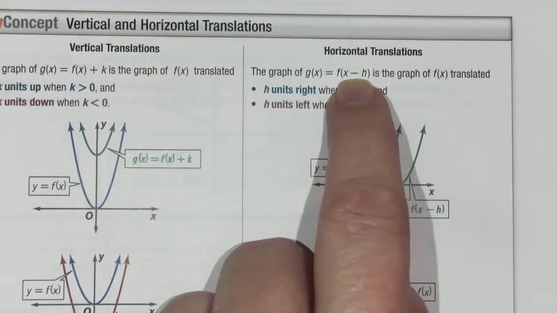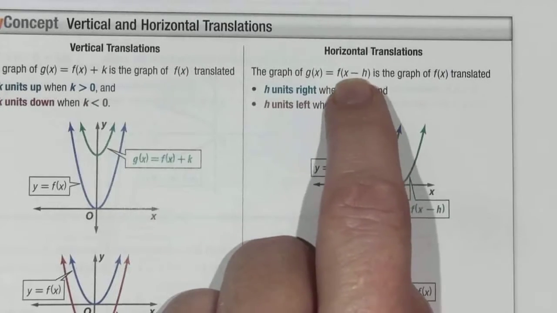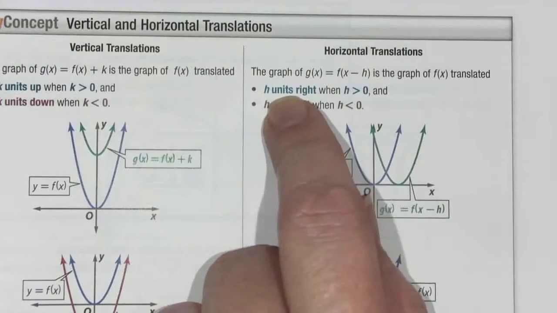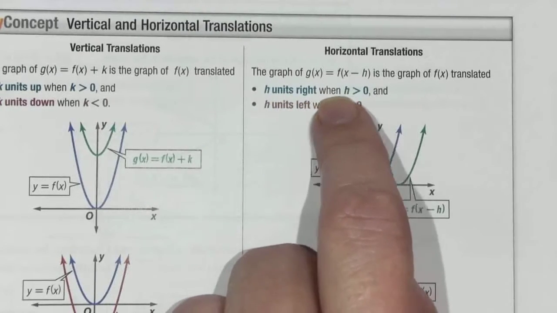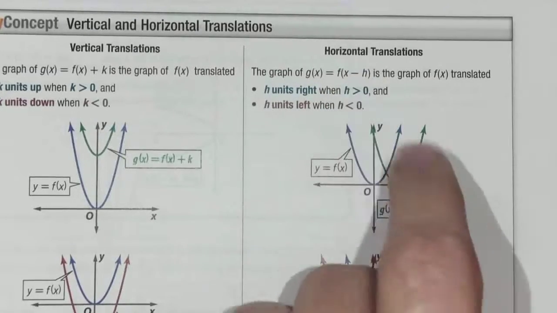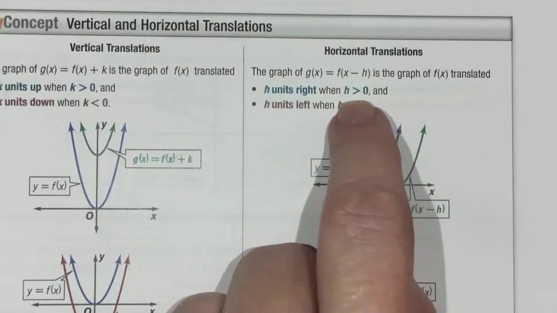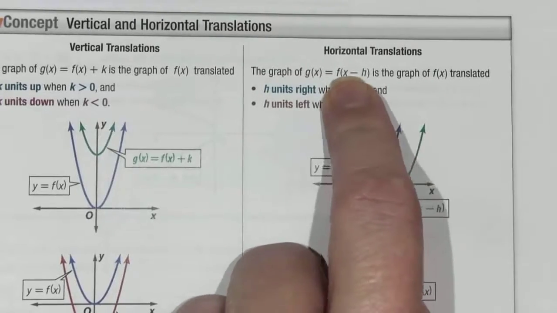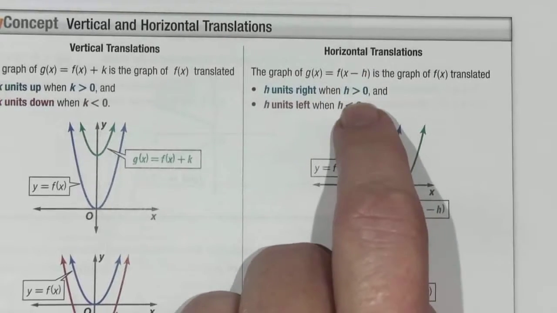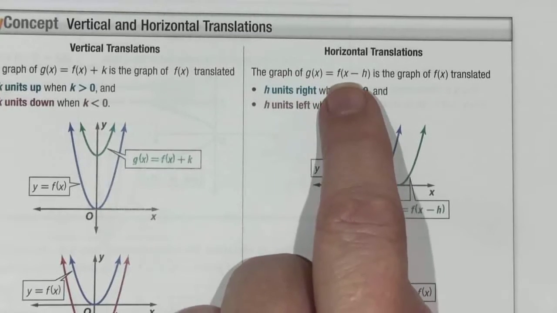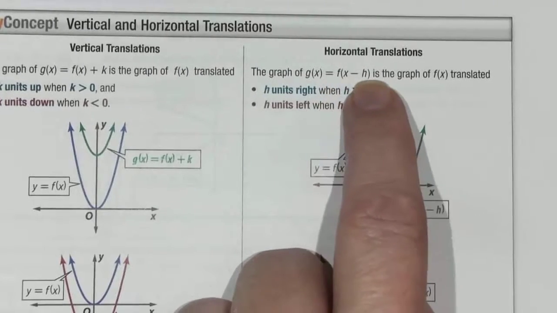Okay. Now, the graph of a horizontal translation is within the function. You guys remember that? It's inside the parentheses of the function. It is the graph of f of x translated h units to the right when it's in the form x minus h. The easier way for me to explain it to you is whatever's happening inside here, it's going to go the opposite direction you would think. But the actual formula is f of x minus h.